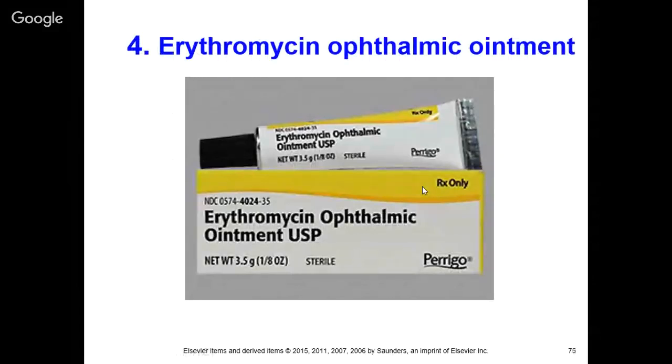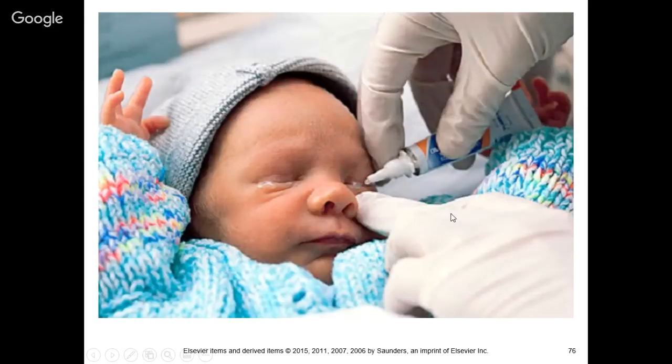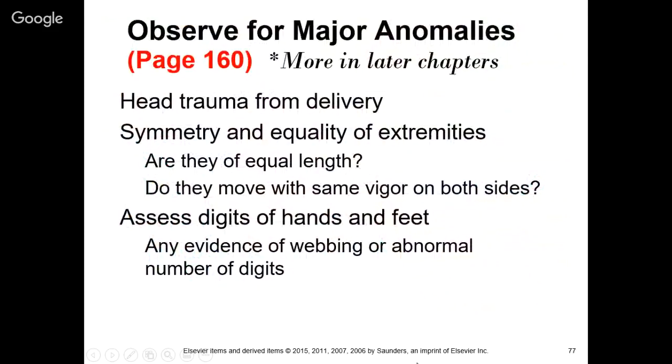So that goes in from the inner canthus, a little ribbon, to the outer canthus of the eyes. So you can see the little ointment in their eyes. This is done immediately after birth, but we don't rush to get this done before we worry about bonding and skin to skin.